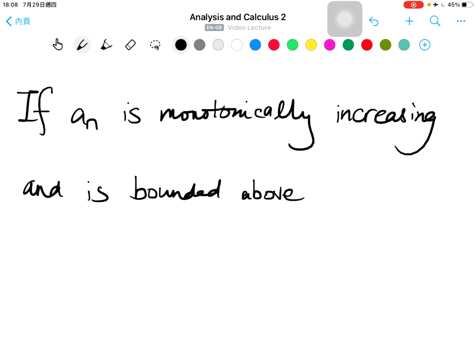What does it mean by bounded above? It means there is an upper bound. From last time we know that if an upper bound exists, we must have a supremum.